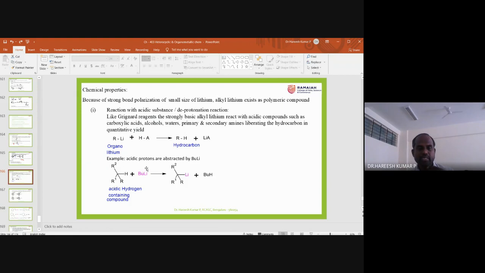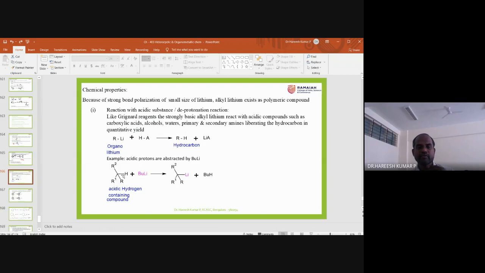So here I am taking one more example, where there is a presence of acidic proton. This is the proton, and it is acidic because of the nature of the substituents. Butyl lithium is a base. Bu minus can abstract this proton. Butane is a gas, it will go out.